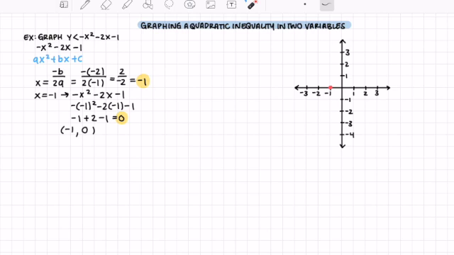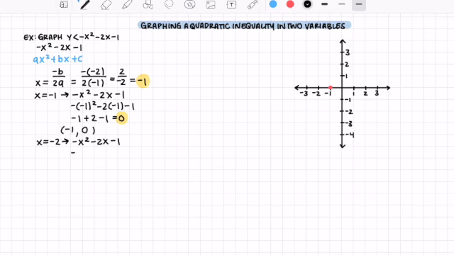So I'll start off by figuring out what the point would be if x is equal to negative 2. I'll plug it into the original equation, negative x squared minus 2x minus 1.